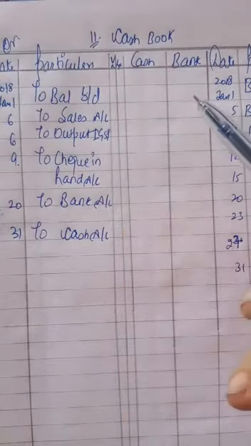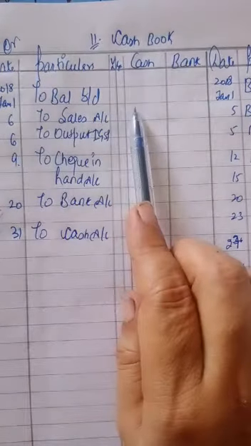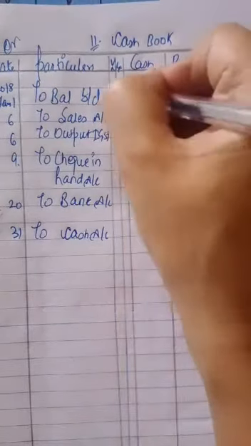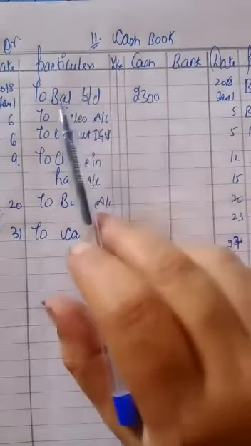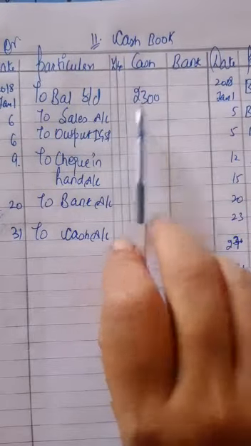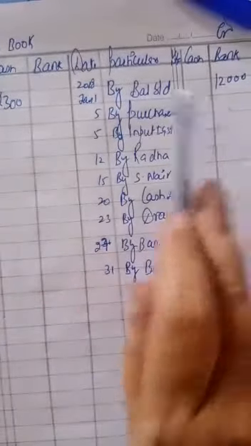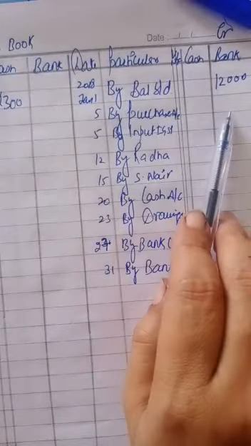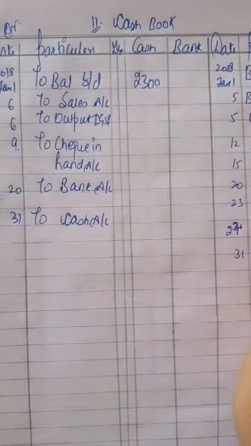Cash in hand will never be of overdraft nature, so it will be recorded on debit side, to balance brought down 2,300 in cash column. We are having cash in hand 2,300, but we are not having cash at bank, we are having bank overdraft. This overdraft will be recorded in the payment side, credit side, by balance brought down. The opening balance is of negative nature here, overdraft.